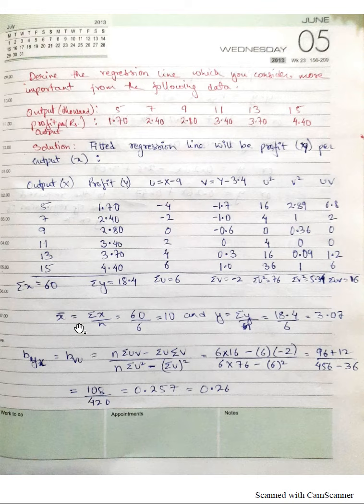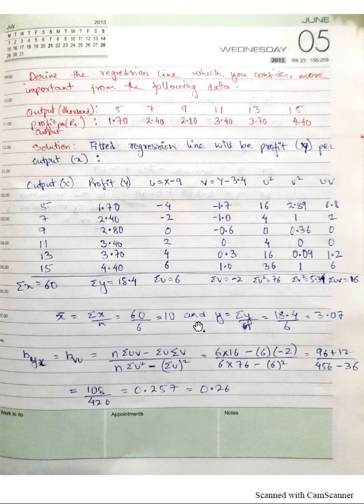So what is x bar? It is equal to summation x by n, that is equal to 60 divided by 6, since there are 6 observations, 1, 2, 3, 4, 5 and 6. So it will be equal to 10. So this is a whole number and integer.